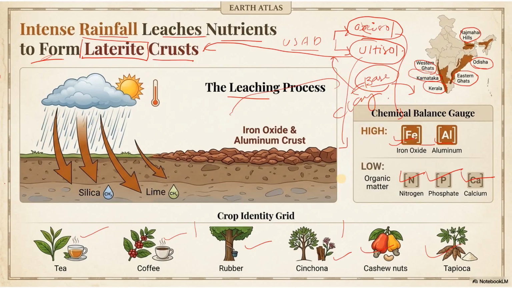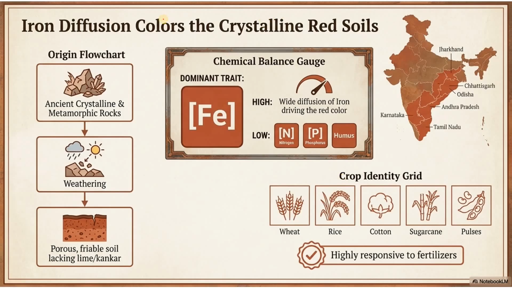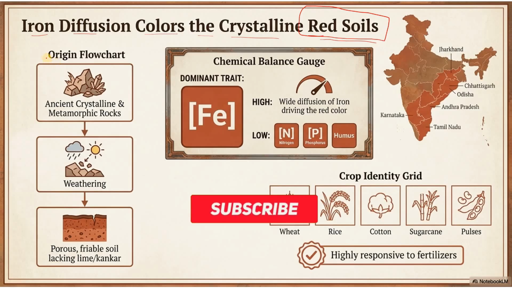Anyways, now coming to the next type of soil, that is the red soil. Many people get confused about the red soil and laterite soil. There is a difference, but a similarity also. So let us talk about the red soil. These are the iron-diffused, crystalline red soils. So how is it formed?